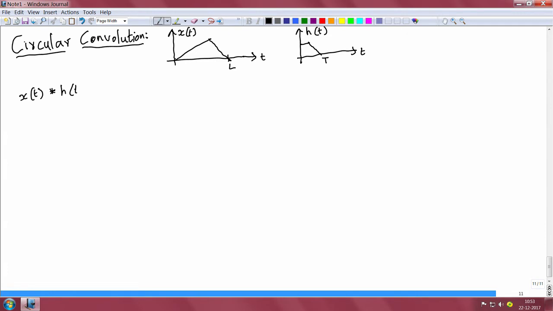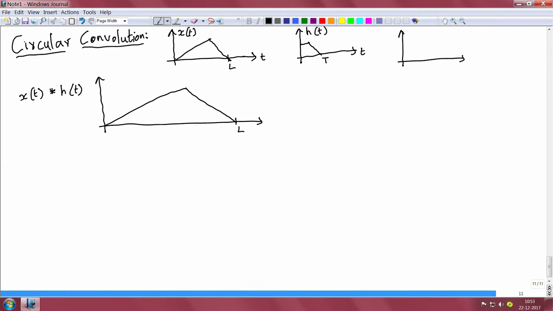We take the signal x of t, and we take the reflection of the other signal, which is h of minus t.